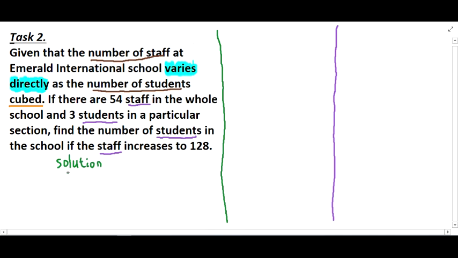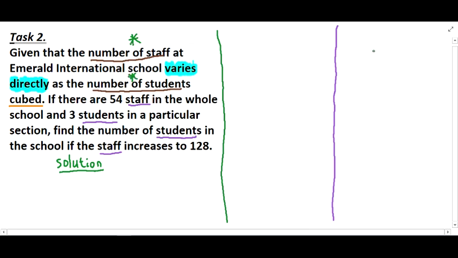Solution. But before I start solving, I want to get some of my quantities. Now the first thing I have here is staff, right? I have staff, and I also have students.